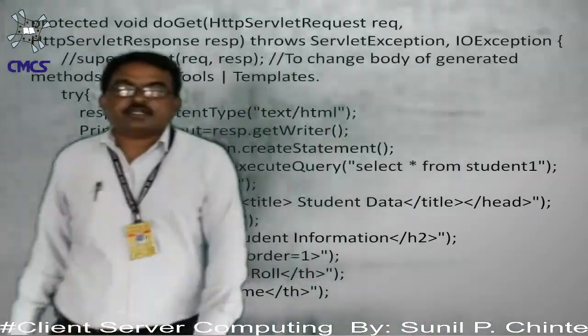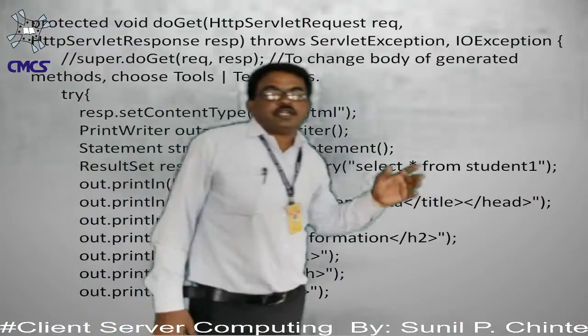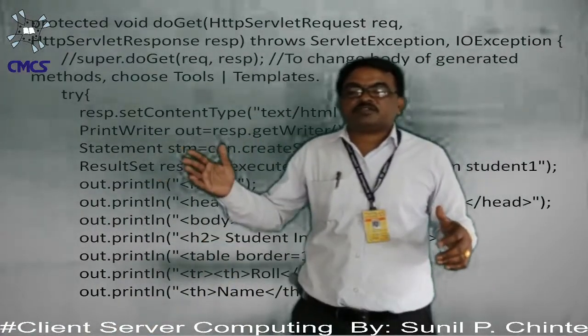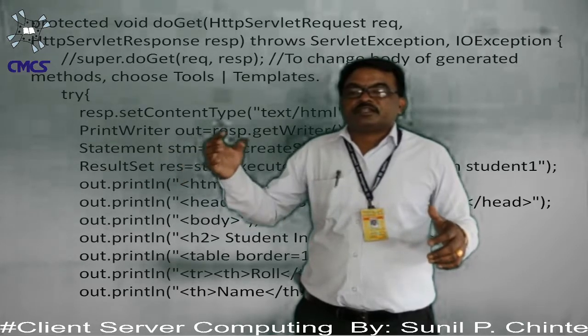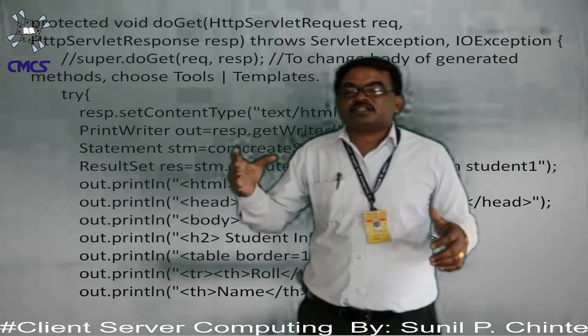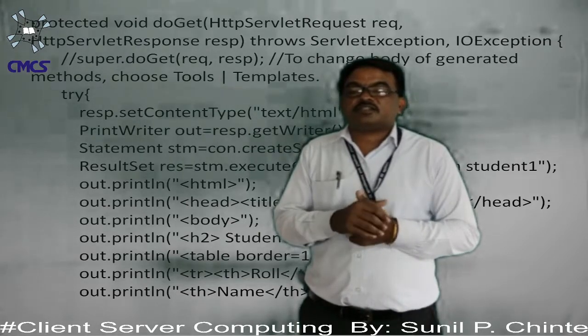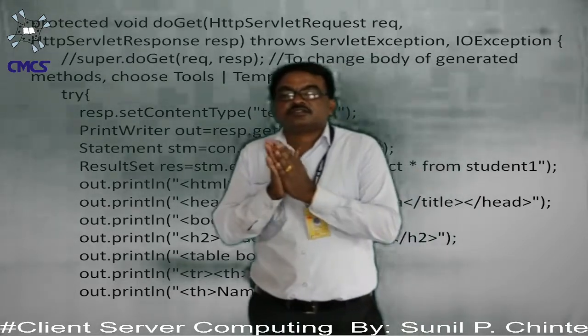The next method is the doGet method. This doGet method of the HttpServlet class takes two arguments, the request and the response objects, of the ServletRequest class and the ServletResponse class.